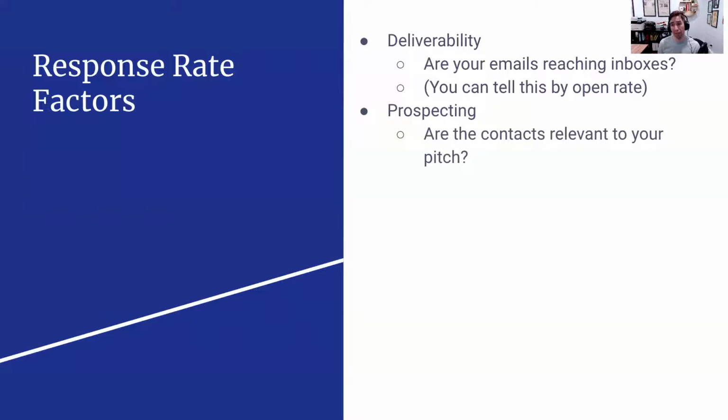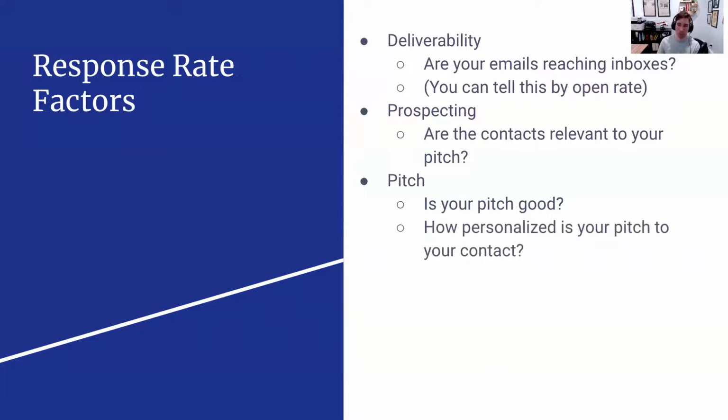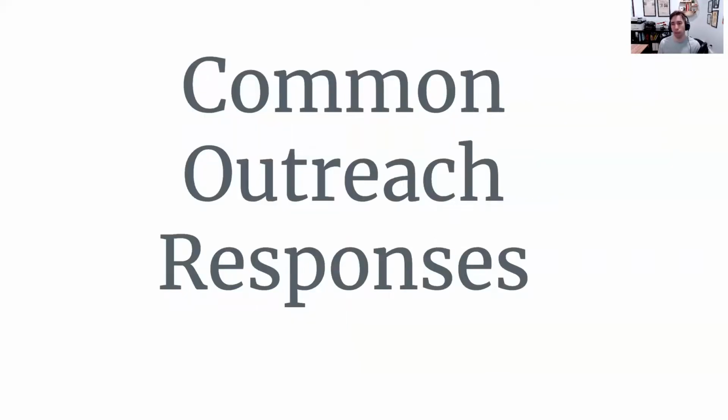So, are the contacts that you're reaching out to relevant to your pitch? And about the pitch, is the pitch any good? How personalized is the pitch to your contacts?